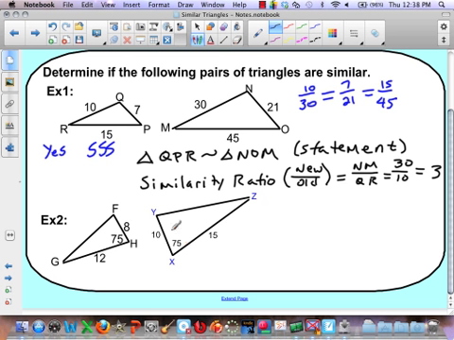What does the 8 correspond to? 10. So there's 8 over 10. And we're going to ask ourselves, is that equal to, what does the 12 correspond to? 12 over 15. Well, what's 8 over 10 as a reduced fraction? 4/5.